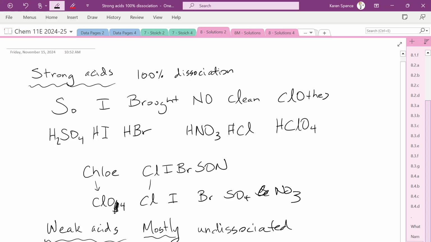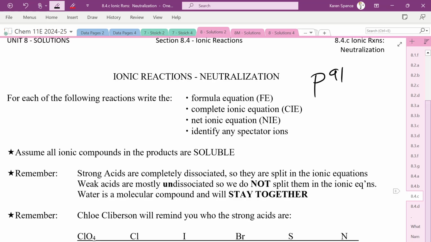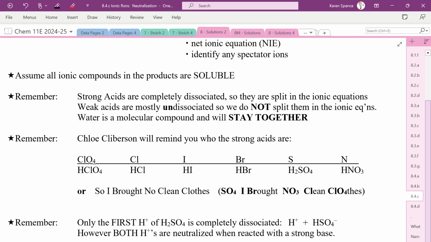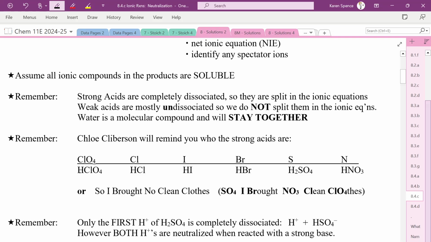Okay? So let's add that in on here. Your strong acids split apart.